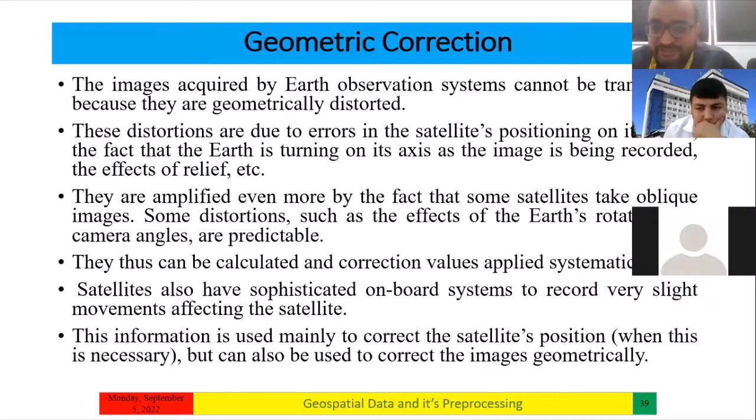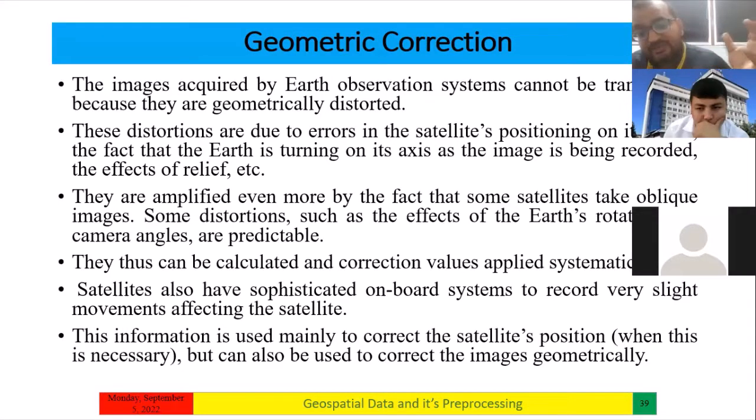Then geometric corrections. There is distortion in the images acquired by the Earth observation system because they are geometrically distorted due to errors in the satellite positioning in its orbit, the fact that the Earth is turning on its axis as the image is being recorded, the effects of relief, etc. So geometric correction is required because of the displacement of the satellite from its orbit.